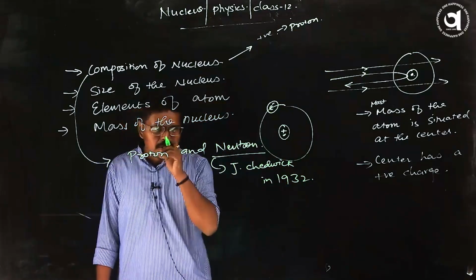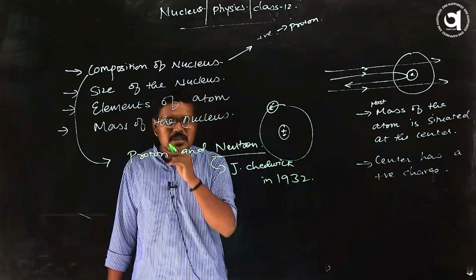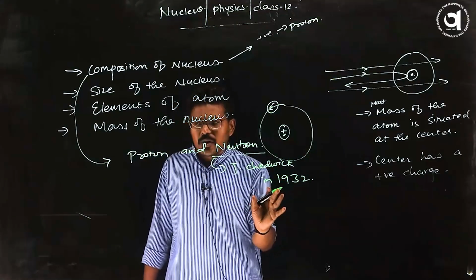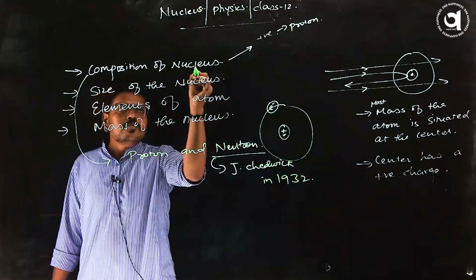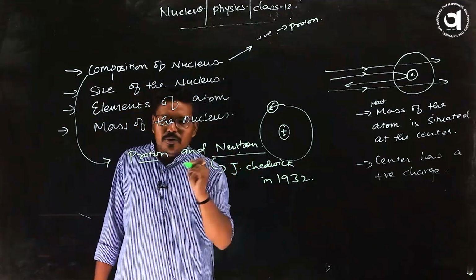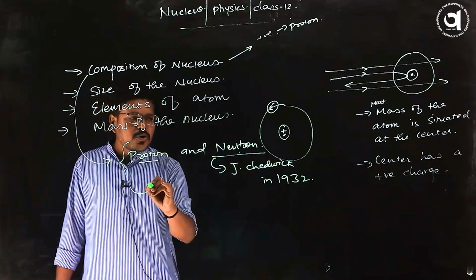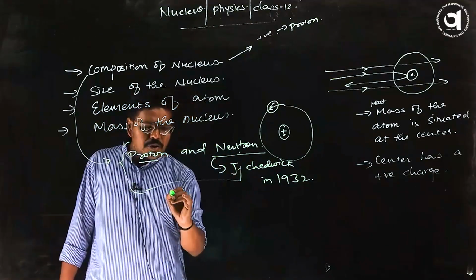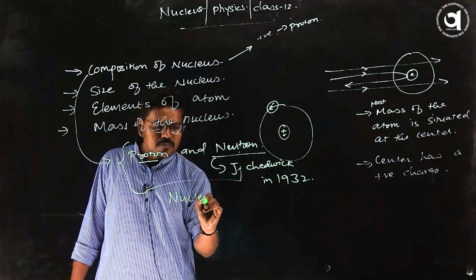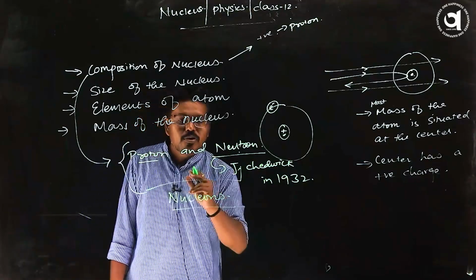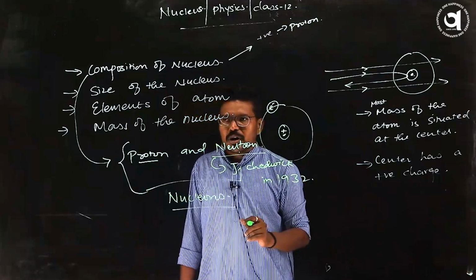So the nucleus has protons and neutrons, and both these protons and neutrons are called nucleons.